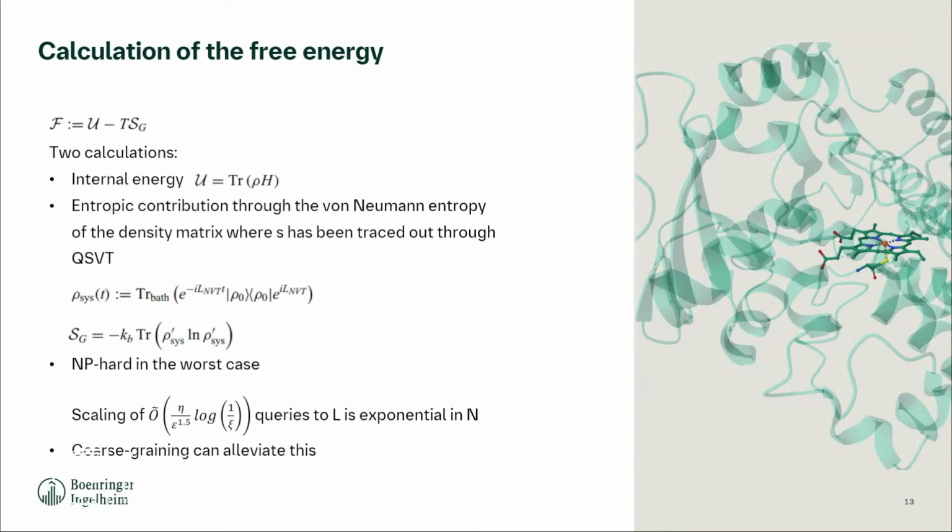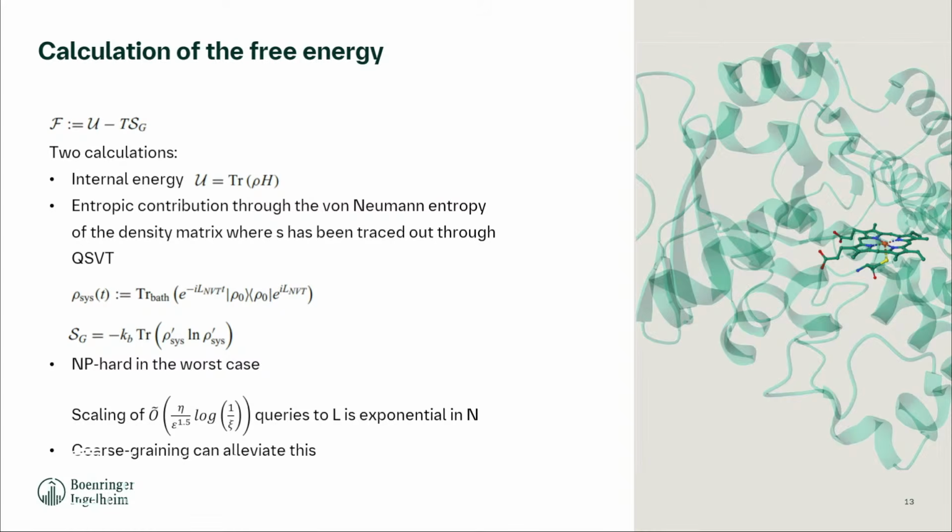That's not enough. What we're actually after is the calculation of the absolute free energy, and that can be done by looping twice over this Liouvillian time evolution. Once to calculate the internal energy, which is basically just getting an expectation value of your classical nuclear Hamiltonian.